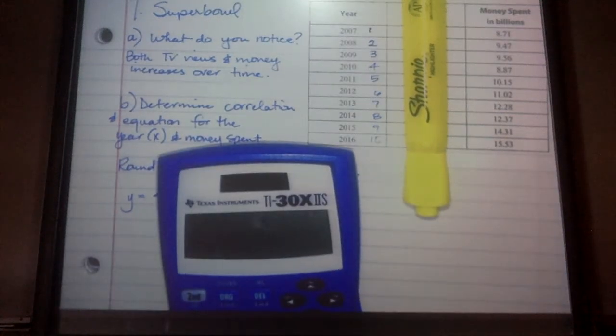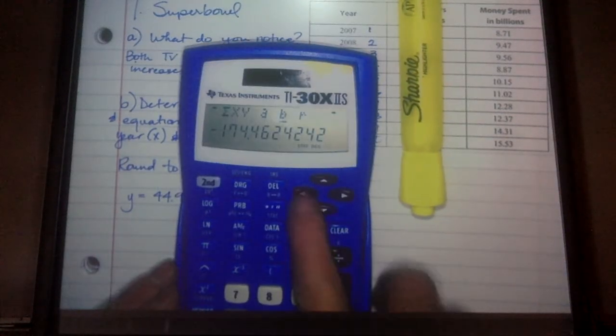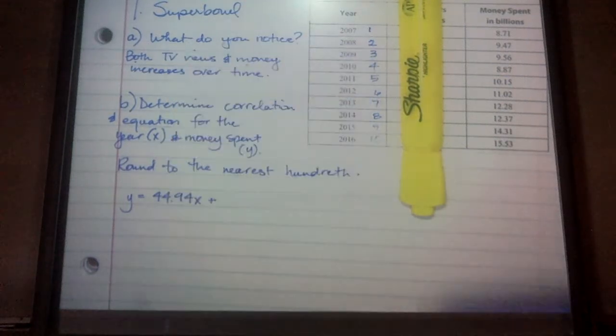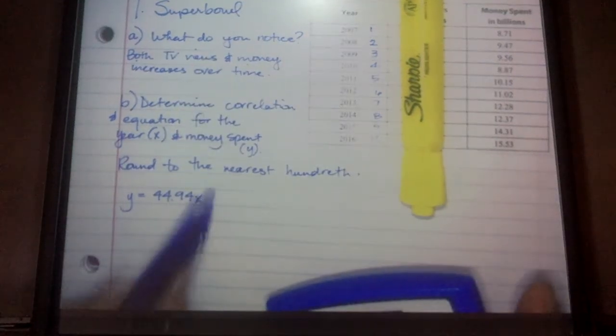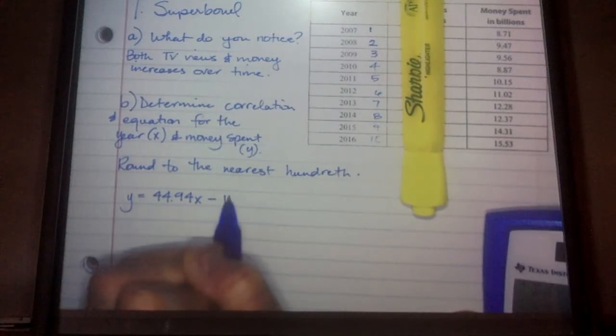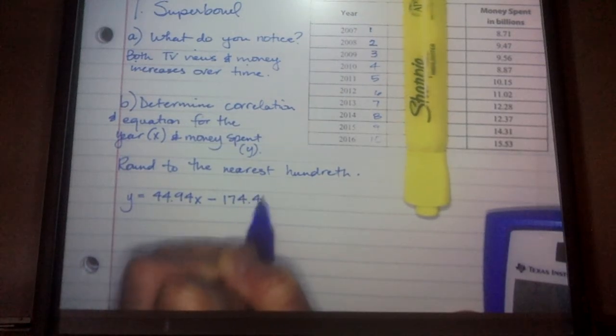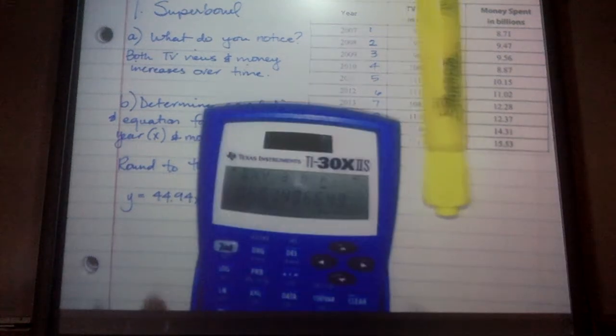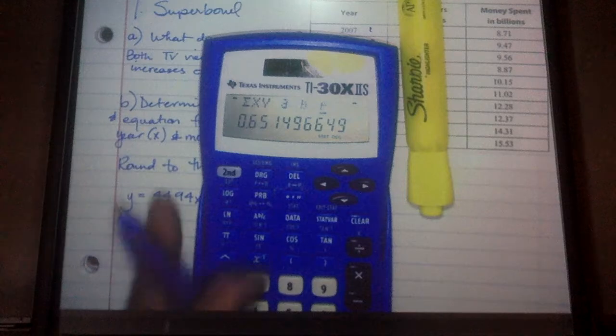So A, I got 44.94. Hundredth is the second place after the decimal. B is negative, so I'm going to erase my plus sign because it's negative 174.46. And R, if I scan one more over, I get a positive 0.65.